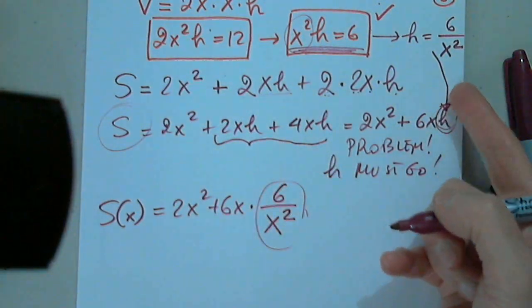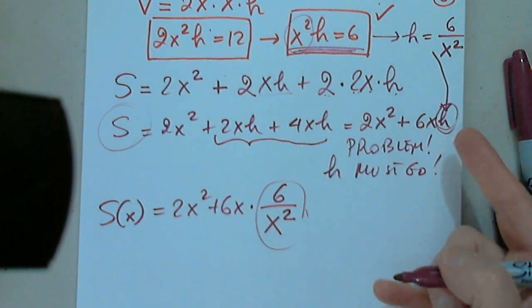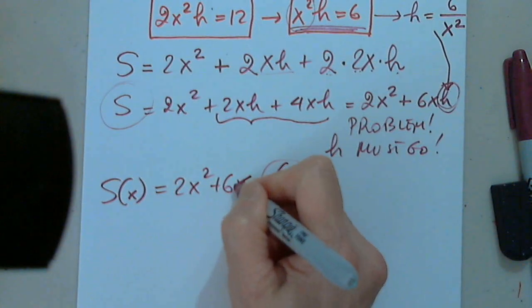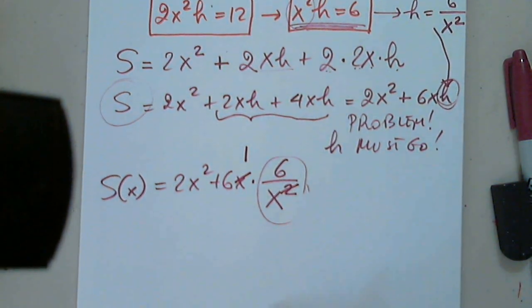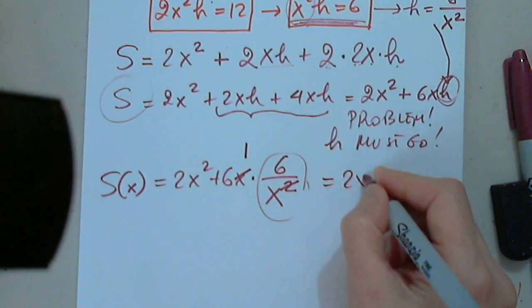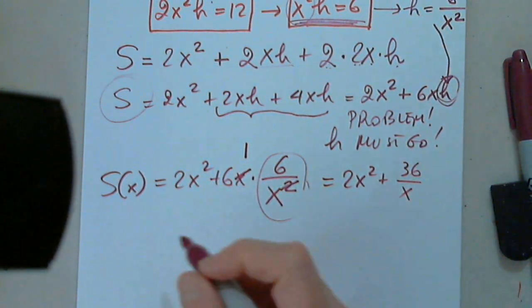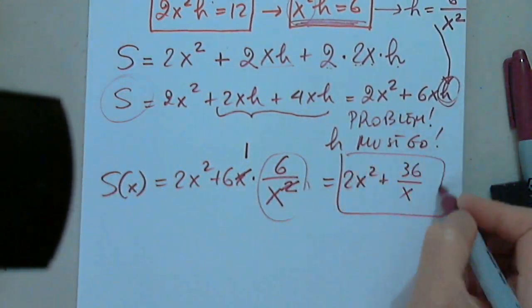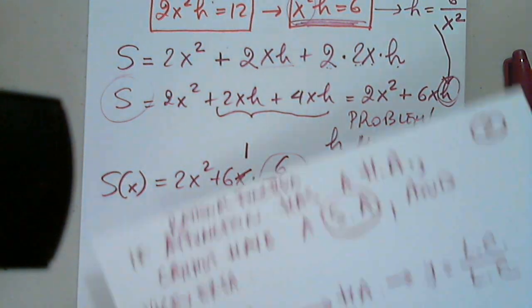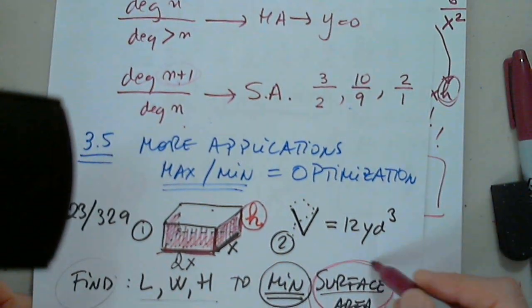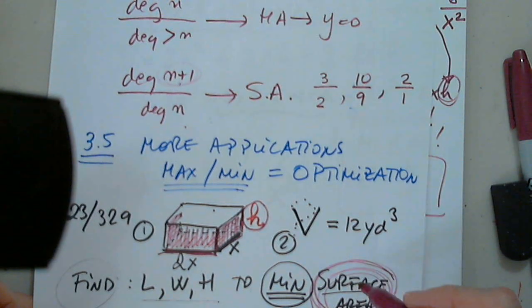This was the original h. Yes, we're going to simplify one x from the top with an x from the denominator. And finally, we have 2x squared plus 6 times 6, 36 over x. So now, after all this effort, look, we finally have a surface area.